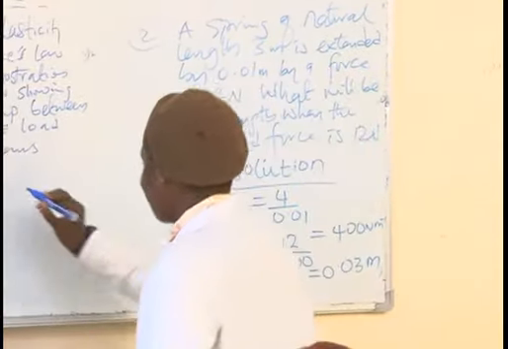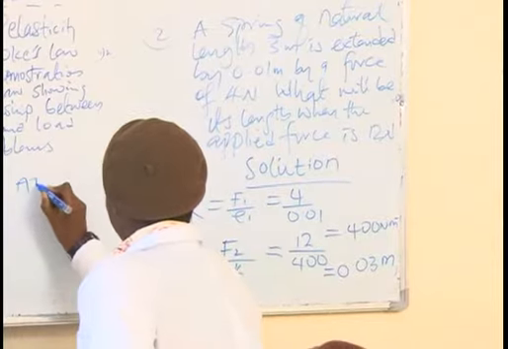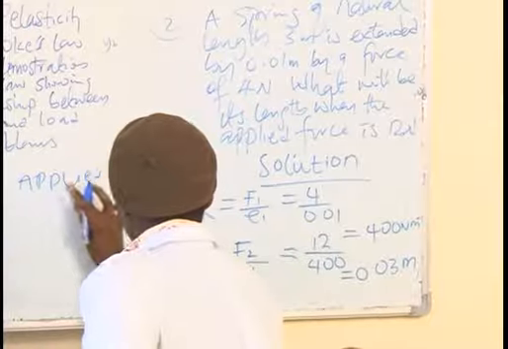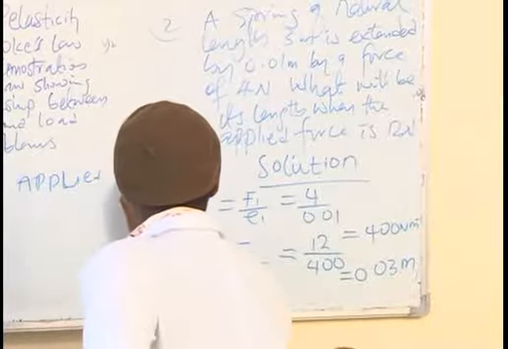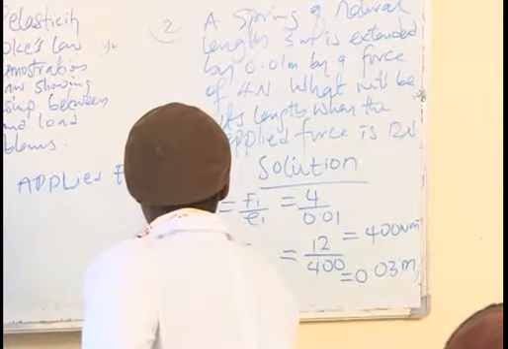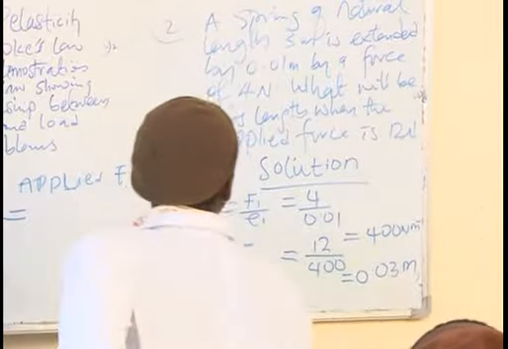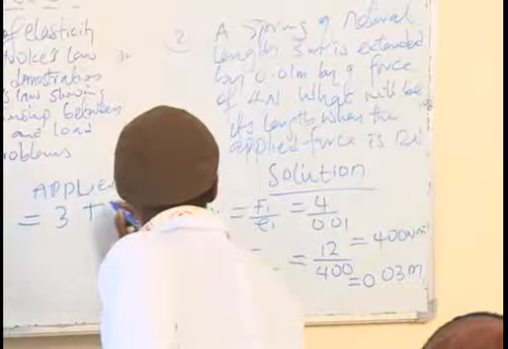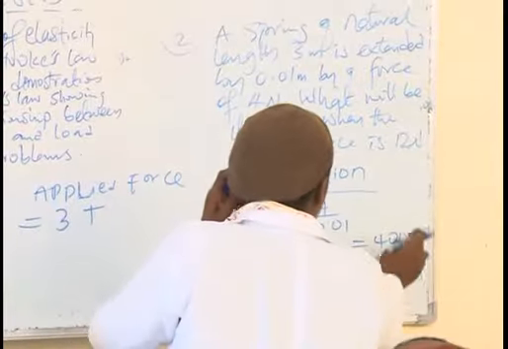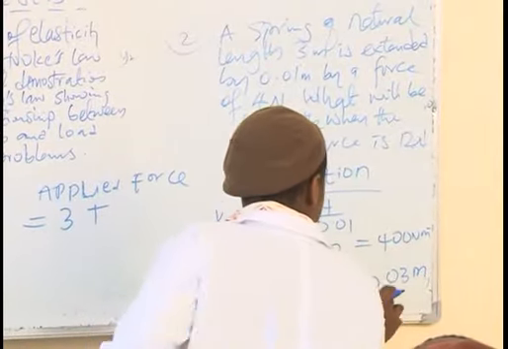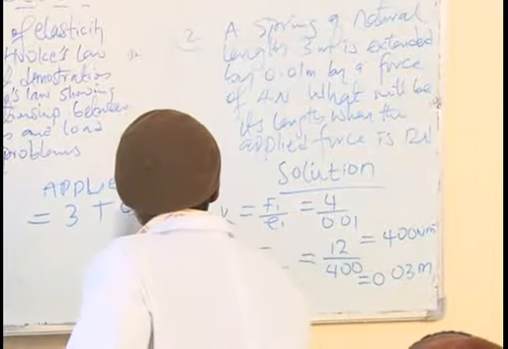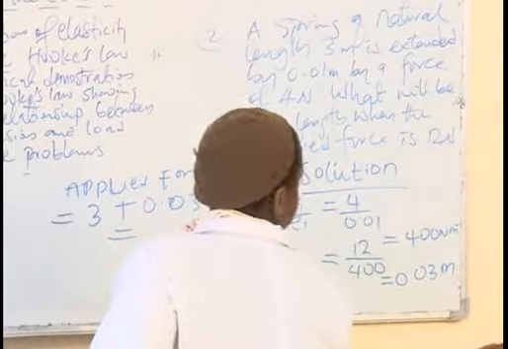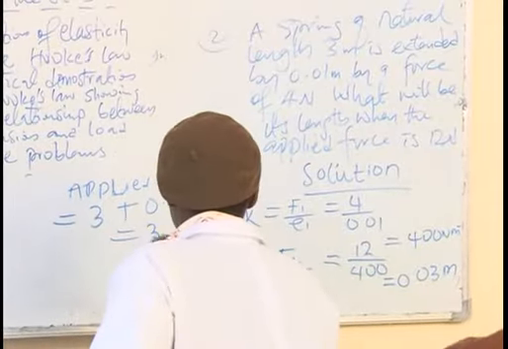You note your applied force. The natural length is 3 meter. Say 3 plus extension. Extension is 0.03. Now say 0.03. The answer is 3.03 meter.